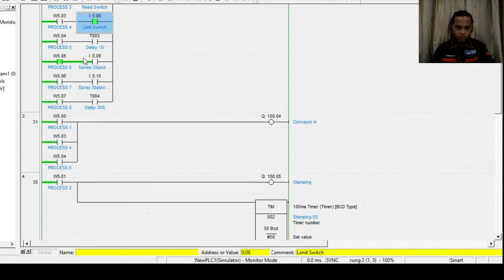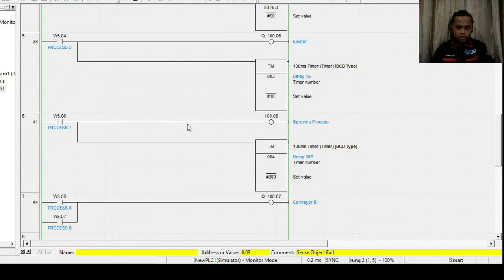So okay, continue to process 6. Now the box is at conveyor B. Okay, the box is falling from conveyor A to conveyor B, and now the spraying process for 30 seconds.